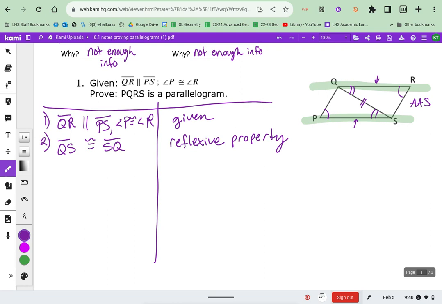The second thing we marked were those alternate interior angles, and we'll use 3 letters to name those. So we can do RQS for one of them. So angle RQS is congruent to PSQ. Yep. And that's because they are alternate interior angles.